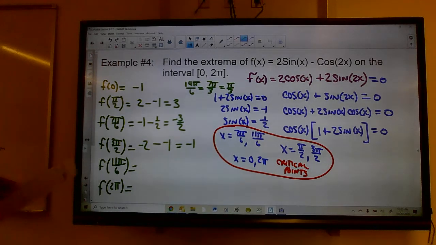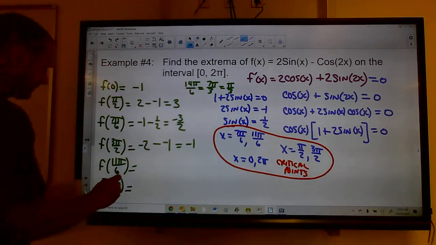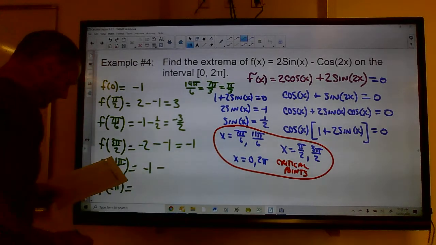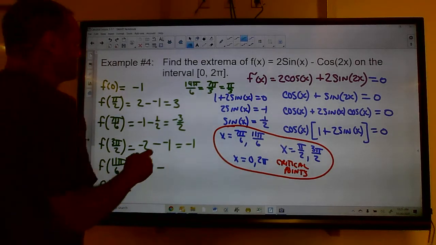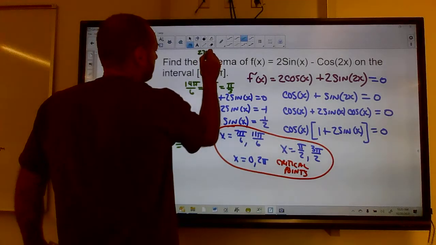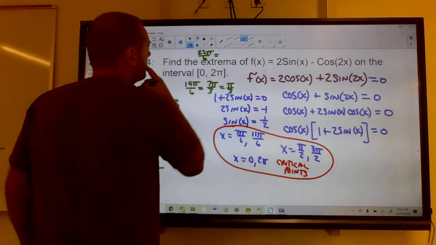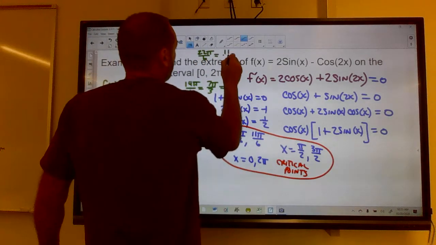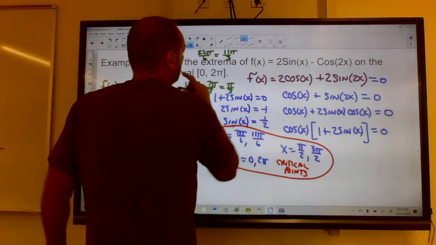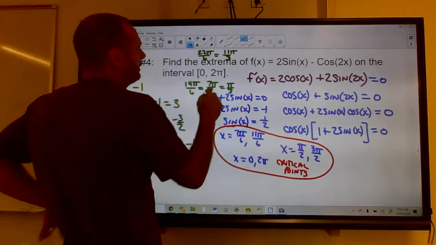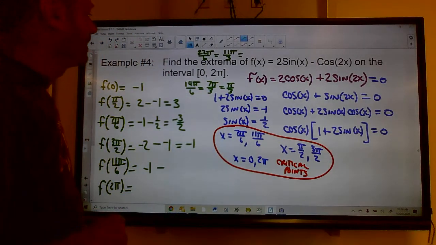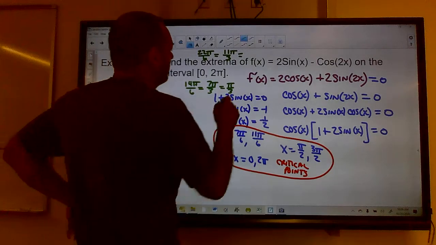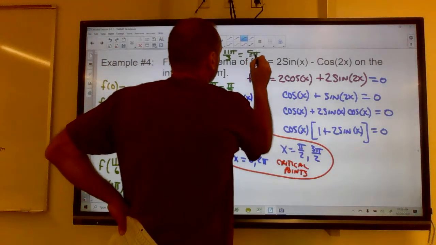And then 11 pi over 6, the sine of 11 pi over 6 is negative 1/2 times 2 is also negative 1. It'll be 22 pi over 6. Let's see, if I reduce 22 pi over 6, that's 11 pi over 3. And if I use the fact that it's periodic and take out 6 pi, that's 5 pi over 3.